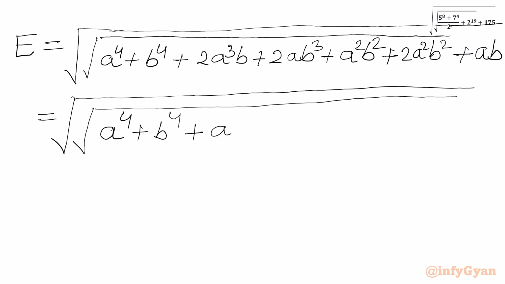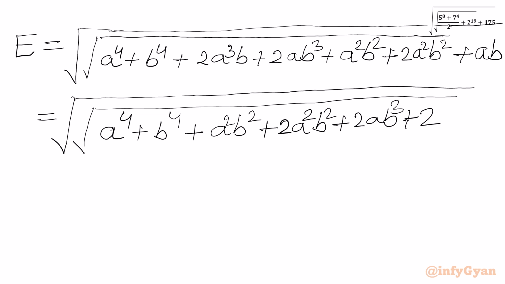Then we can write A square B square term. Then we can write 2A square B square term. Then we can write plus 2AB cube. Then we can write our last term here 2A cube B. And after that we will write plus AB.